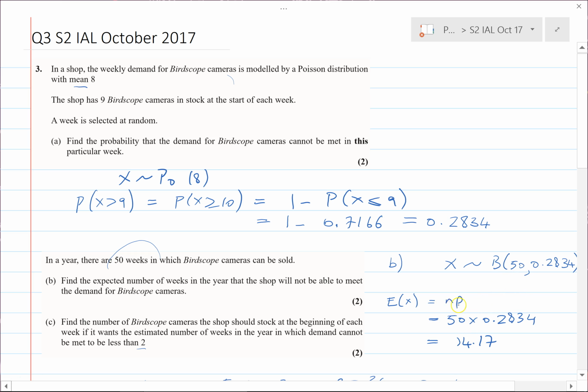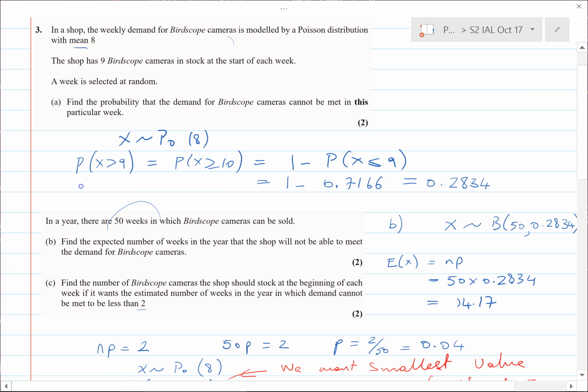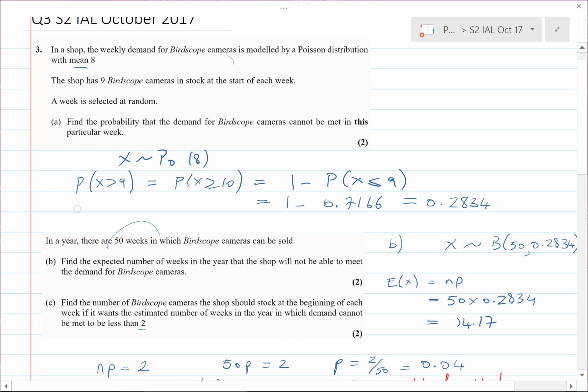So we're using the mean of that, which is np, which is 50 times that, which comes to this number here, which actually seems to have been rubbed out a bit. 50 times 0.2834. Yeah, that's 14.17.